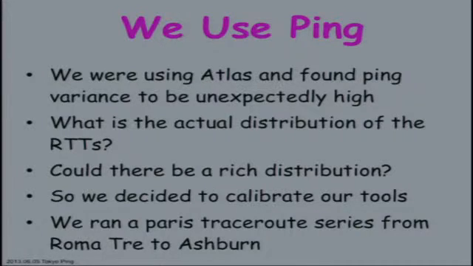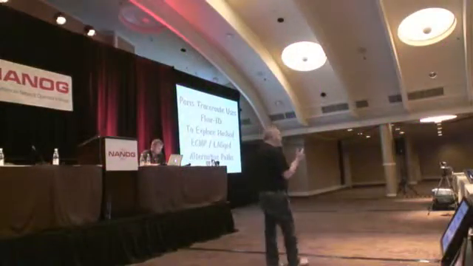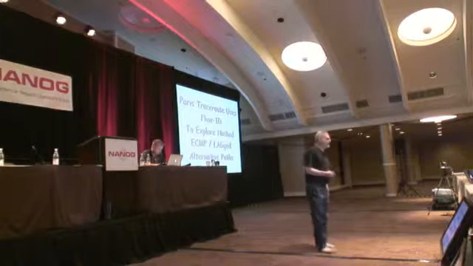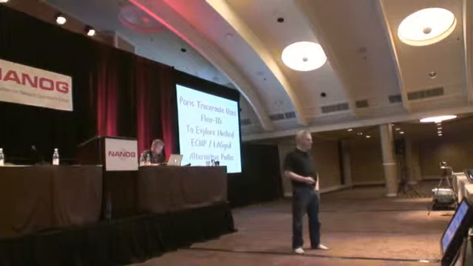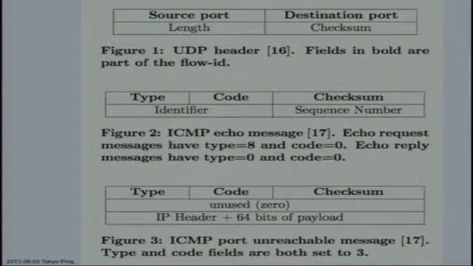So we decided maybe before using these tools, we better calibrate them. I know that's radical, but there's some cute thing called Paris traceroute, which uses flow ID to explore through hashing, through forcing the hashes on the routers to force it to explore ECMP or lagged alternate paths. And what I mean by flow ID is the dark stuff up there.